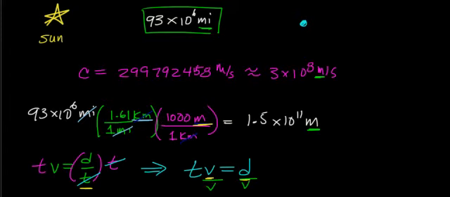And what you should see is that this unit of velocity cancels out with this unit of velocity, and we get the time it takes for light to travel from the surface of the sun. This 93 million miles is going to equal the distance between the sun and the earth divided by the velocity of light. Now, we can plug in the information that we know.